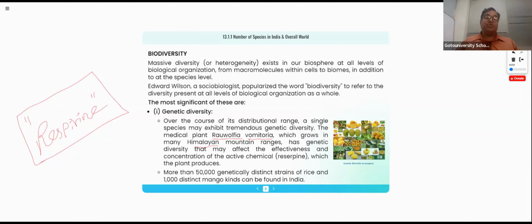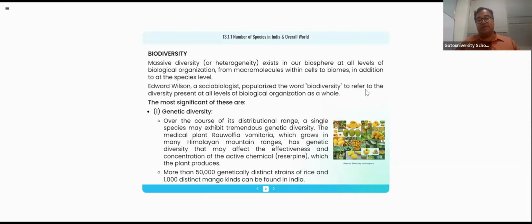Again, I'm repeating: respirin is not a plant. Respirin is a molecule, and it is the trade name, whereas the chemical name is reserpine. Reserpine is a chemical term, whereas the trade name is respirin, all right? So forget about the trade name; we'll talk about the chemical term.